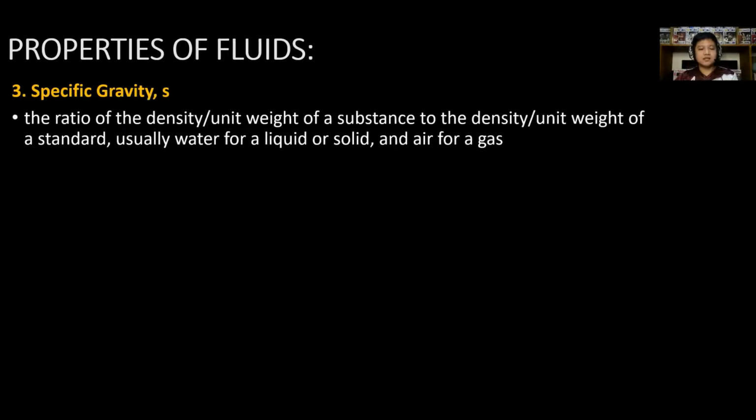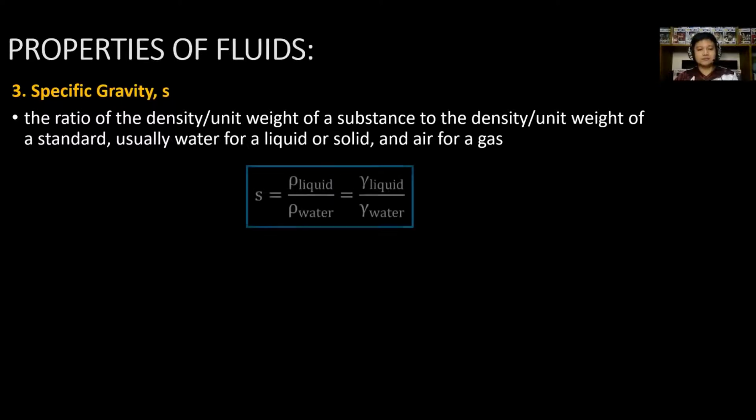Third property is the specific gravity, or small letter s, defined as the ratio of the density, or we may use unit weight, of a substance to the density or the unit weight of a standard or reference fluid. Usually water for a liquid or solid, and air for a gas.